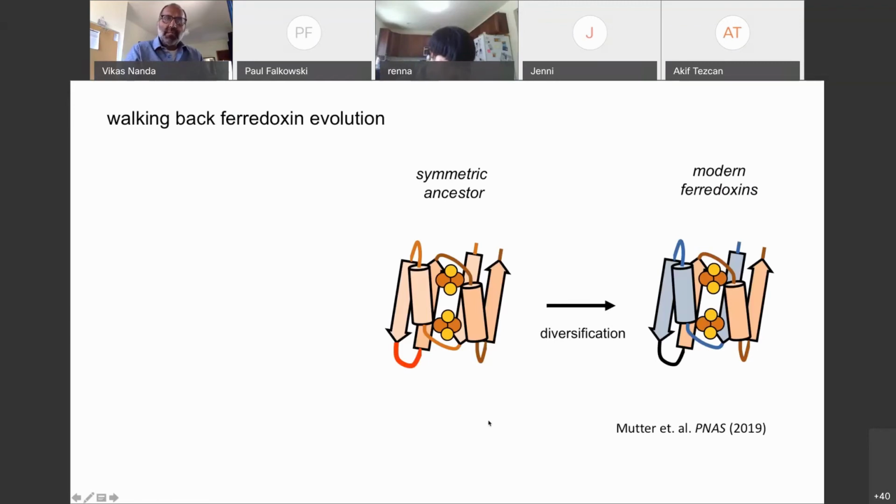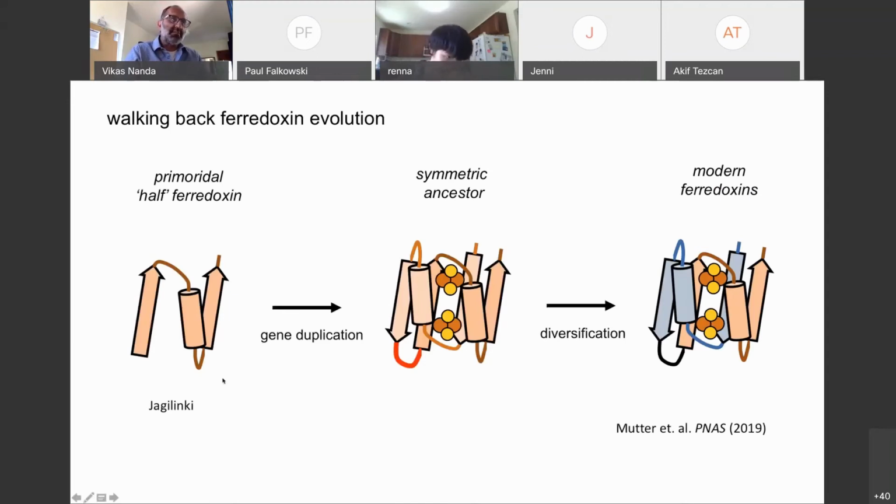Now what we're interested in doing is testing whether or not this molecule can also function. This is that primordial peptide fold where you have a strand, a helix, and another strand. This is the half ferredoxin. The idea is that 2 of these would come together and dimerize inside of the cell and look something like this molecule, but now missing this connector over here.